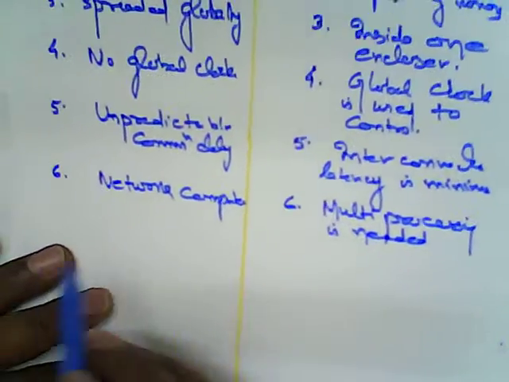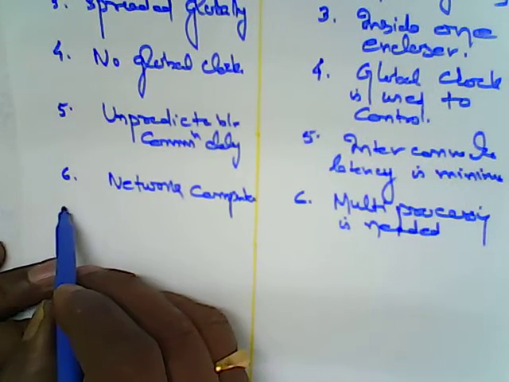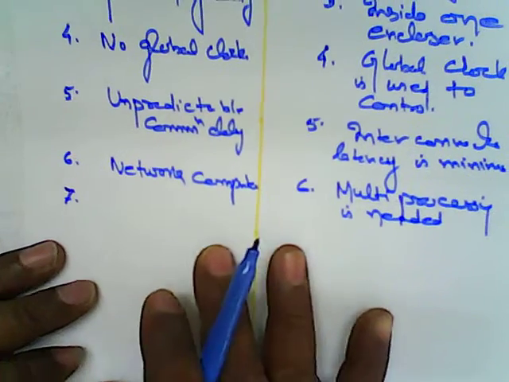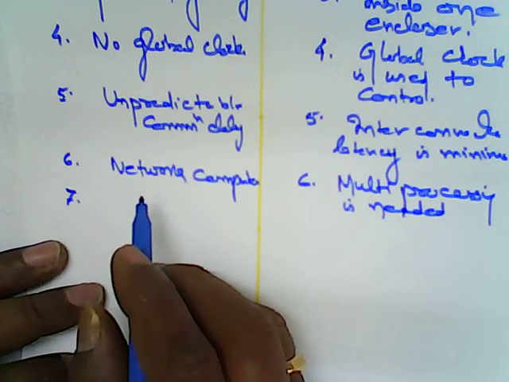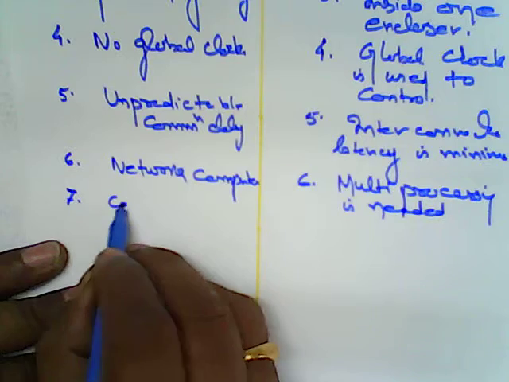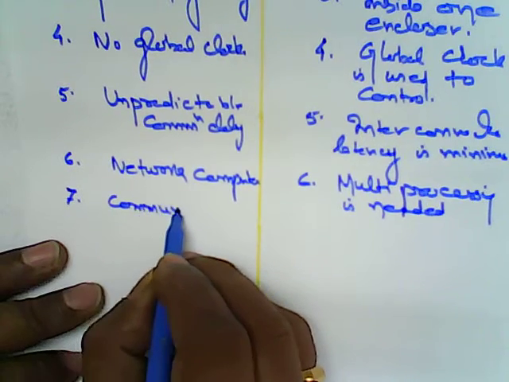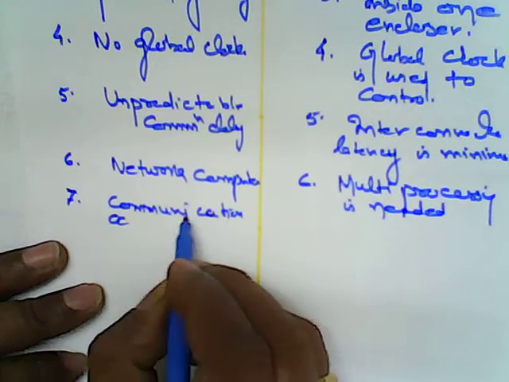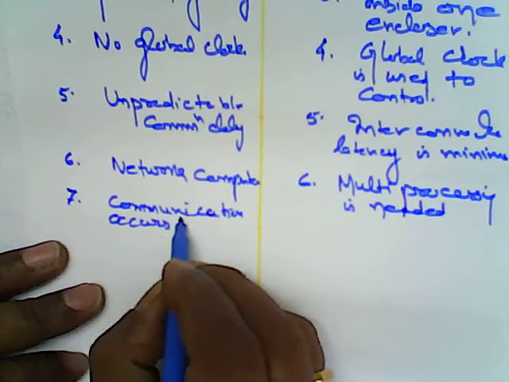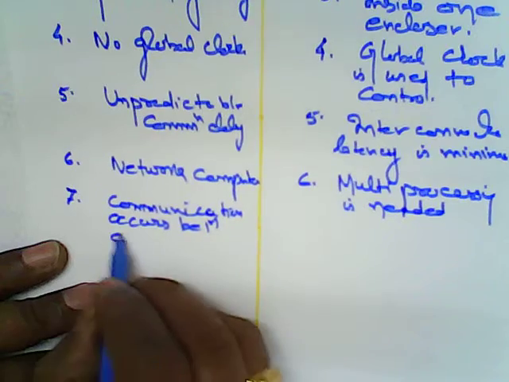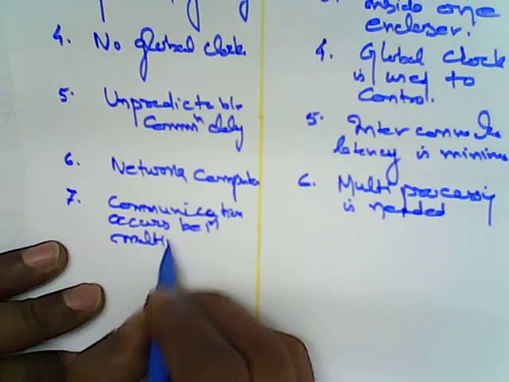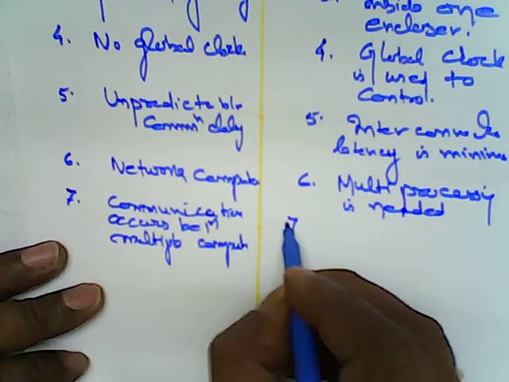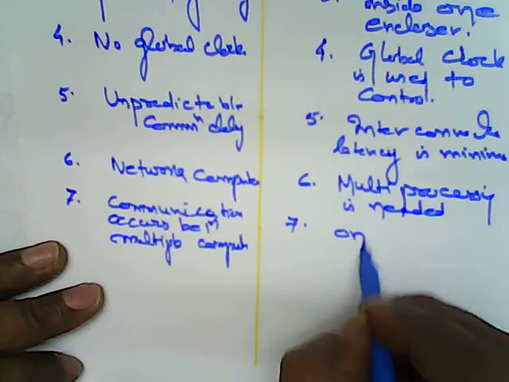The next point is that in distributed systems, the communication occurs between multiple computers, whereas in this case everything takes place within one computer. Here it is distributed.